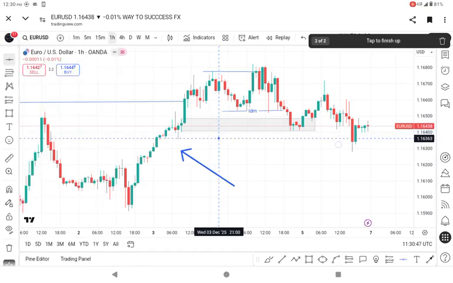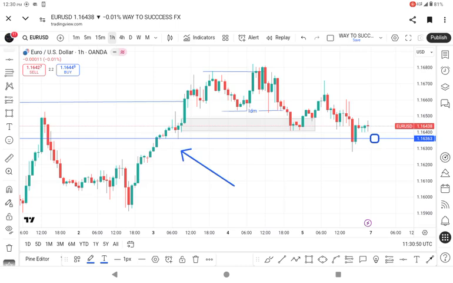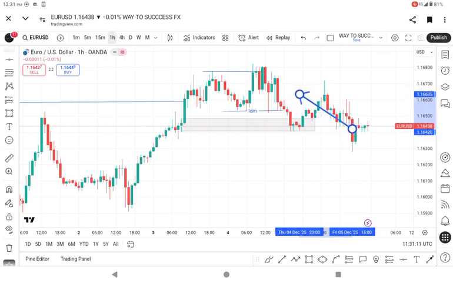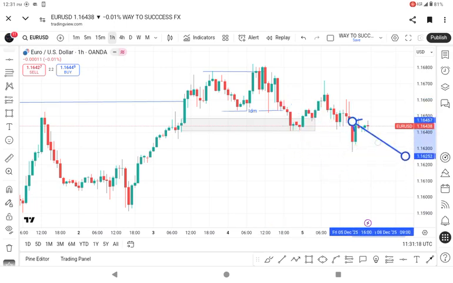Price has closed below this low, which completely changes the whole story, signaling that, like I've said in my H4 time frame, price is going to be coming to the downside to take out some liquidity before continuation to the upside. So right now, what do I have? I have a break of structure at this level. Price broke this low. So that is what I have here in H1.